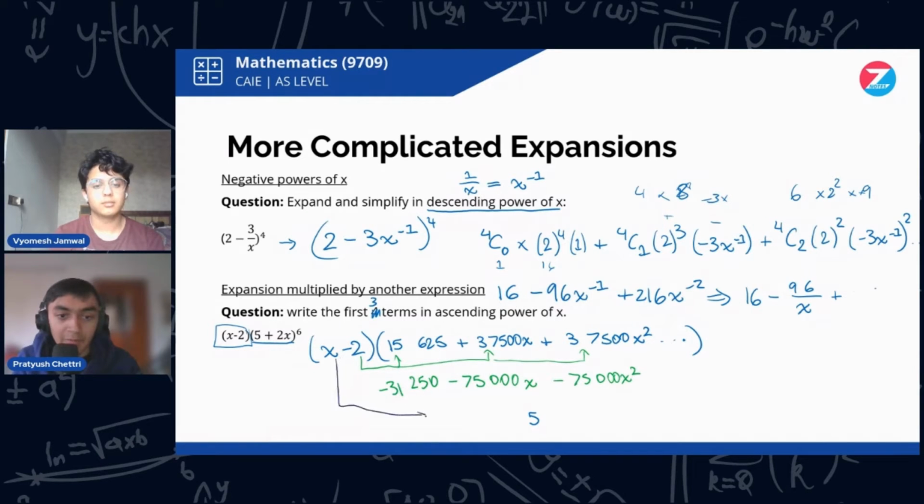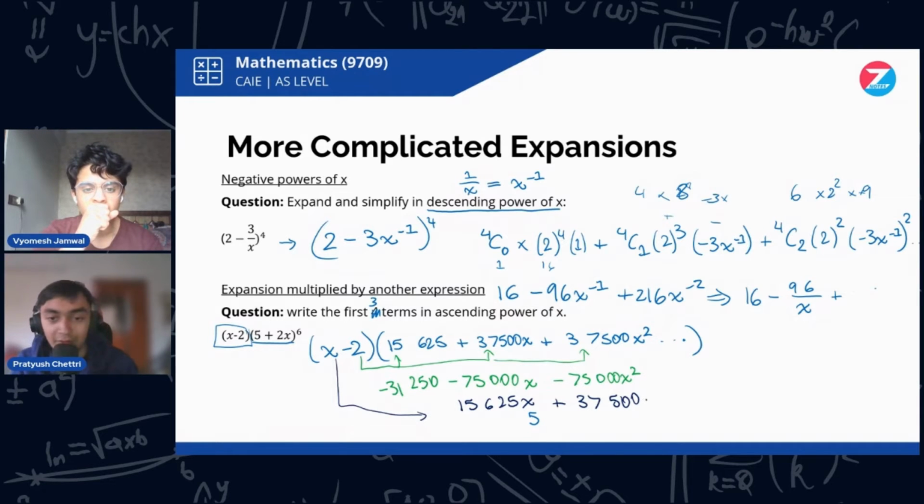Since when we multiply by x, this becomes 15,625x. And this term becomes 15,625x, as you can see, because we multiplied by x. And this term becomes 37,500x squared plus 37,500x squared. And when we multiply this by x, it actually goes to x cubed, which is out of our bounds. We only want the first 3 terms.